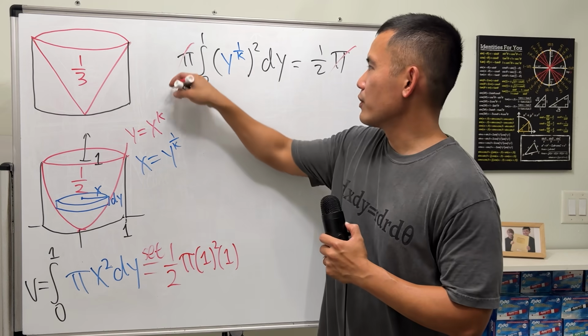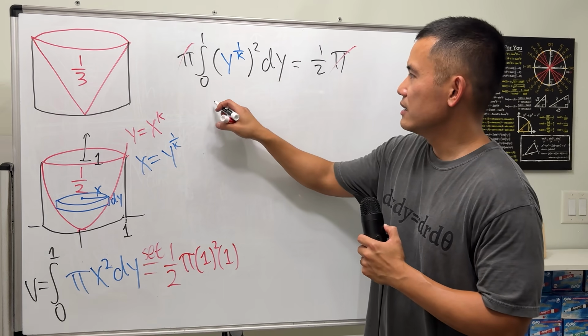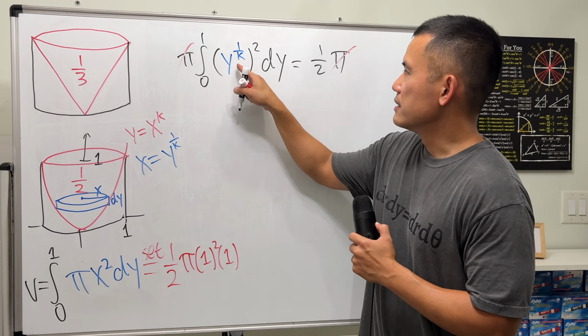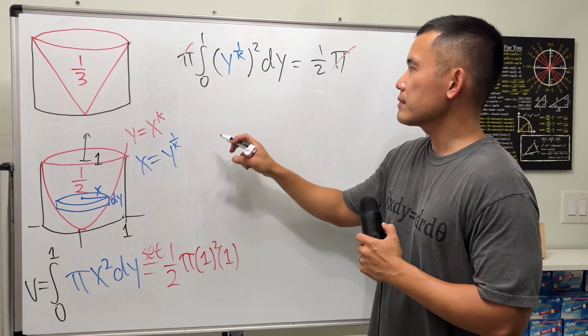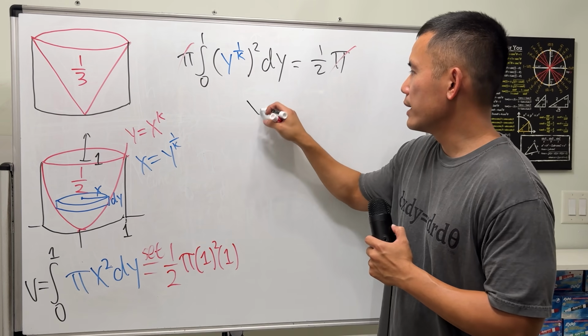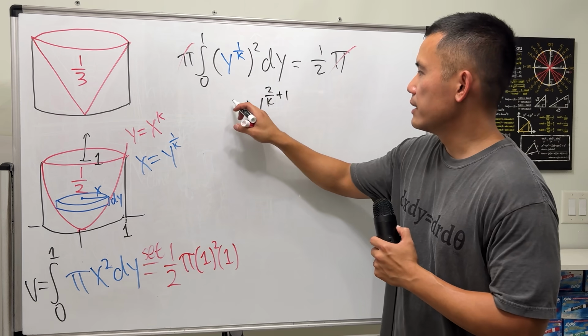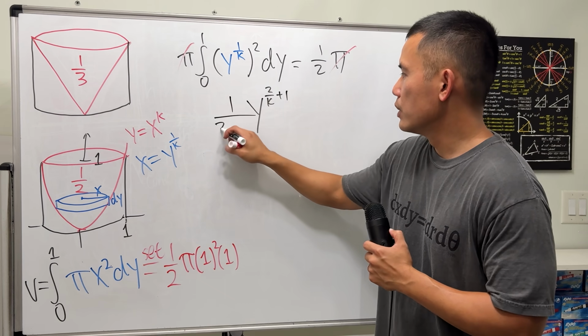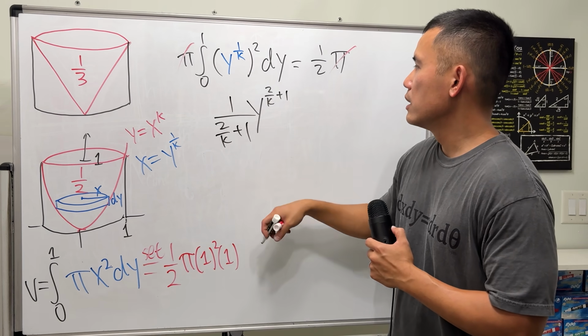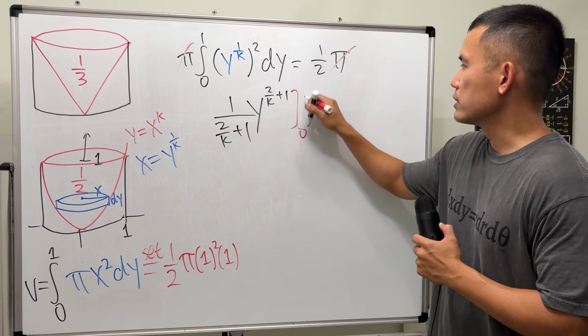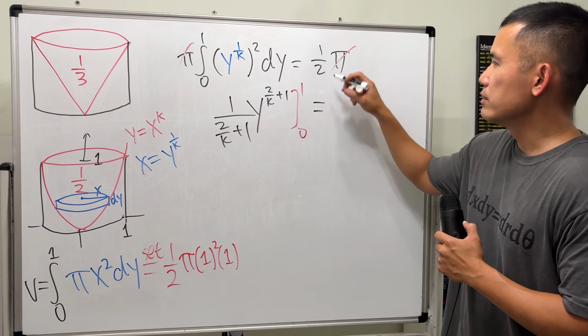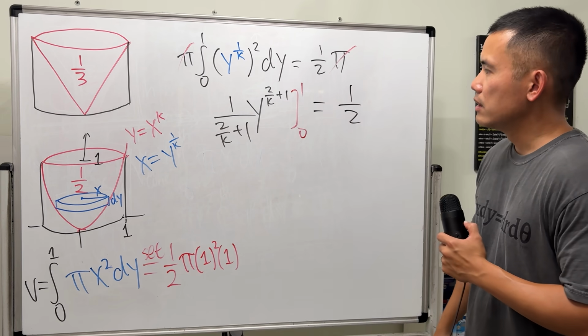We can get rid of the pi from both sides, and then this right here is y to the 2 over k. So add 1 to it, you get y to the 2 over k plus 1, divided by the new power, which is 2 over k plus 1. Yeah, and then we just have to go from 0 to 1, and we have to make it equal 1/2.